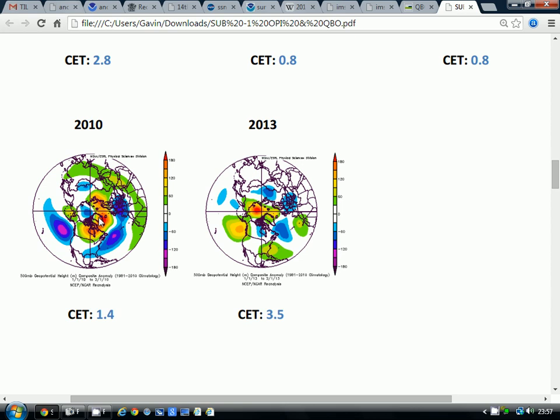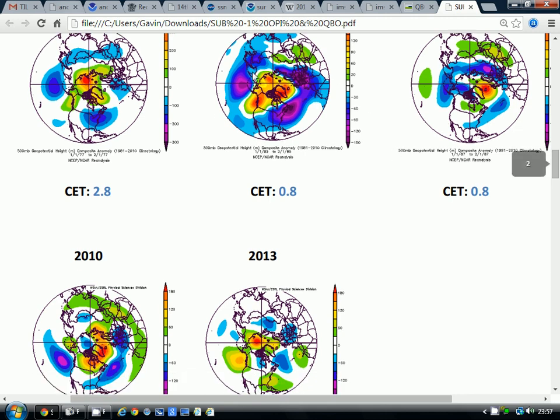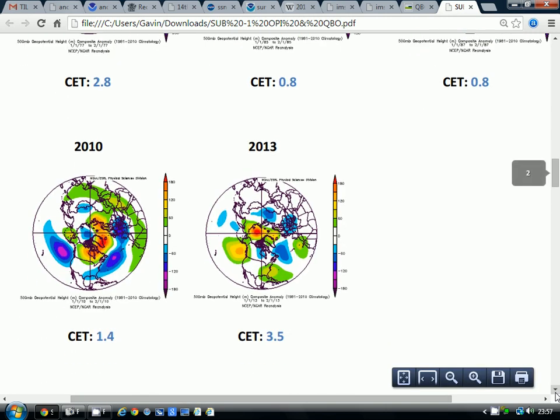Very similar pattern January 2010 to January 85. Interestingly, the anomalies there are very similar. I'm not sure you can quite see that, but the anomalies for January 85 and January 2010 come out very, very similar. January 2013, and we've got a little bit less blocking actually.